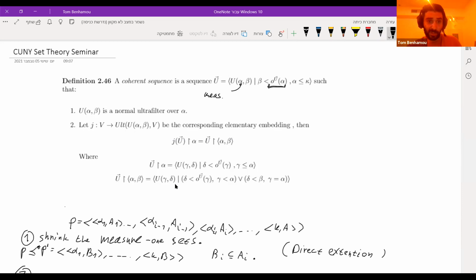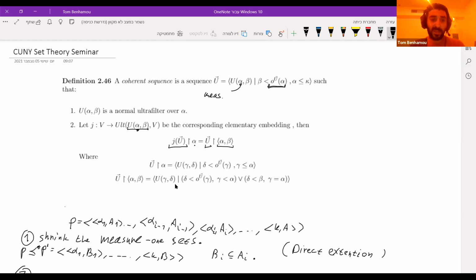And what does the coherency mean? The coherency means that whenever you take an ultrapower with one of the measures, so let j be the elementary embedding induced by taking the ultrapower with the normal measure U alpha beta, then the requirement is that when we restrict j(U) to alpha, so when we take the image of U, we get a coherent sequence by elementarity, and when we restrict it to alpha, the same alpha we took the ultrapower with, we get U restricted to the pair alpha beta.